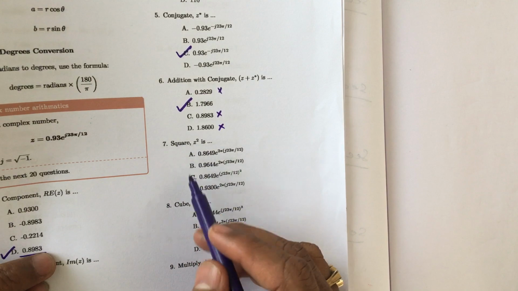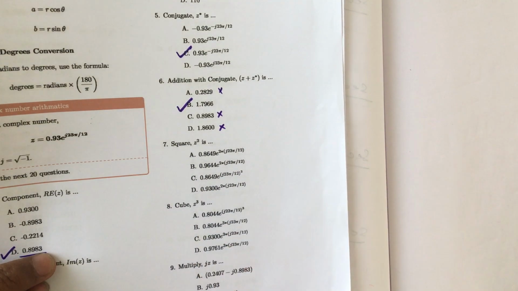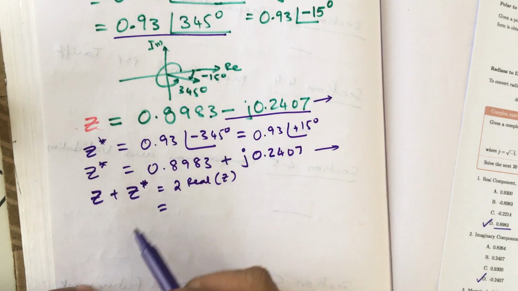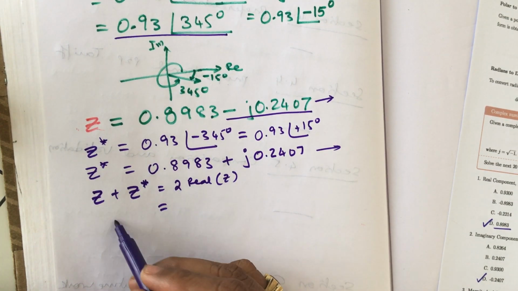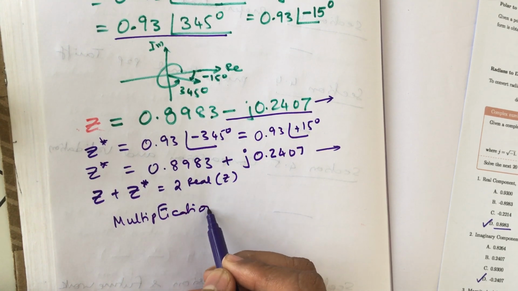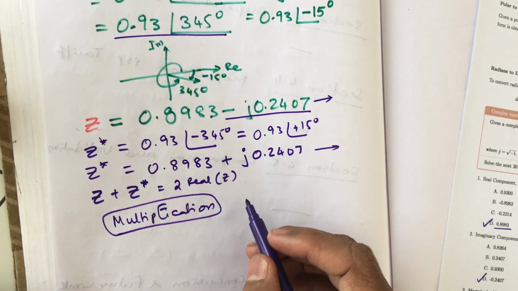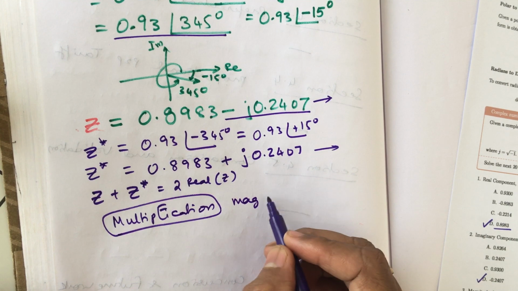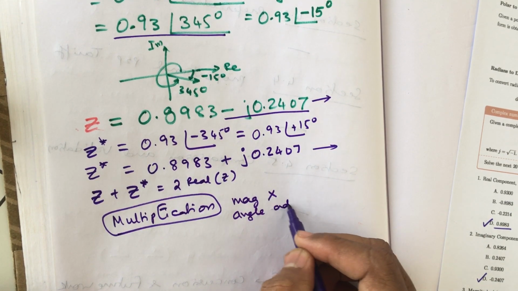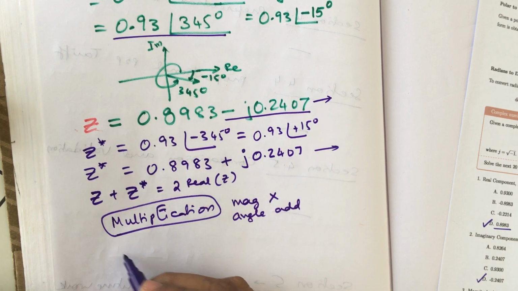Now the question asked is Z square. For polar numbers, what happens when you multiply two polar numbers? Magnitudes multiply, whereas angles add. So what is Z square?